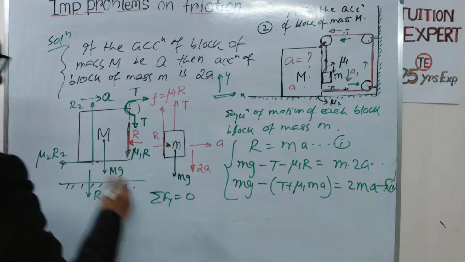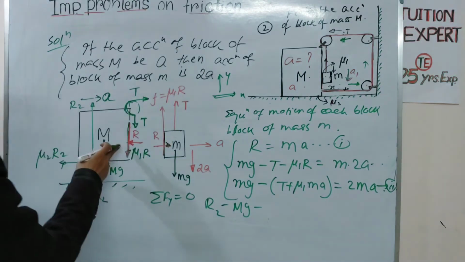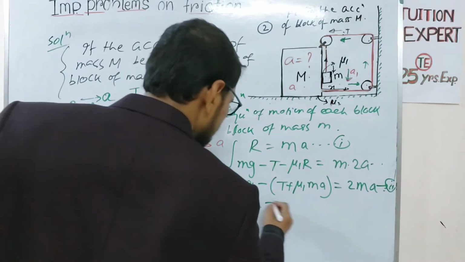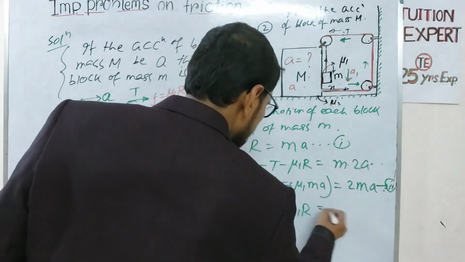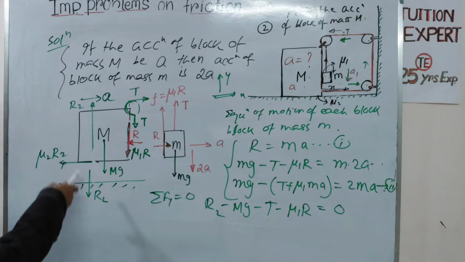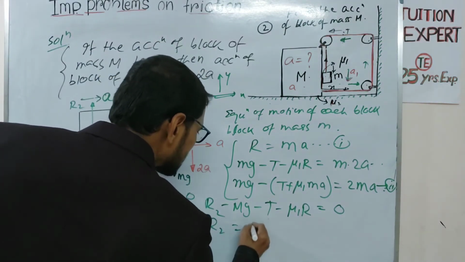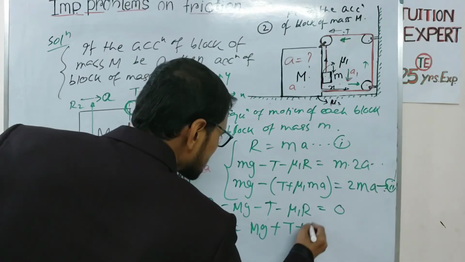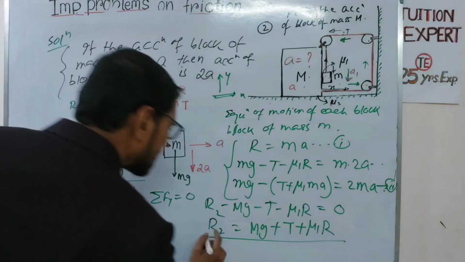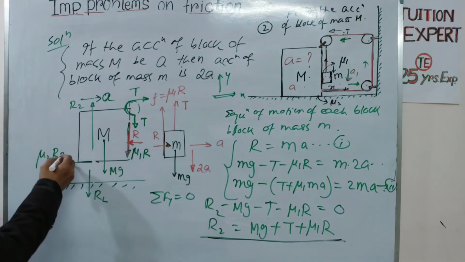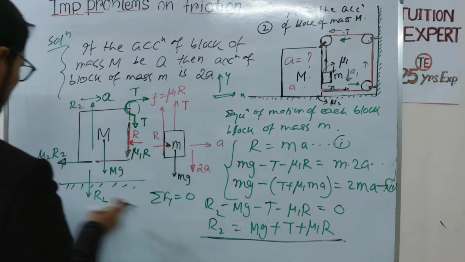Here R2 acts upward, and downward act mg, T and mu1 R. So R2 minus mg minus mu1 R minus T equals 0, so we get R2 equal to mg plus T plus mu1 into R. Now find the friction force here. We put R2 here and we get the friction force.